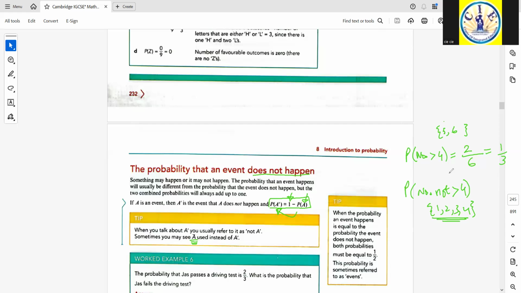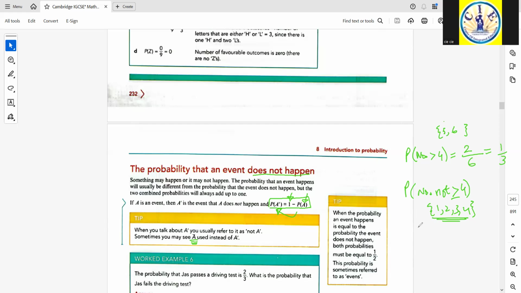So numbers which are not greater than or equal to 4 are the numbers which are lesser than 4, obviously. So the numbers would be 1, 2, 3.